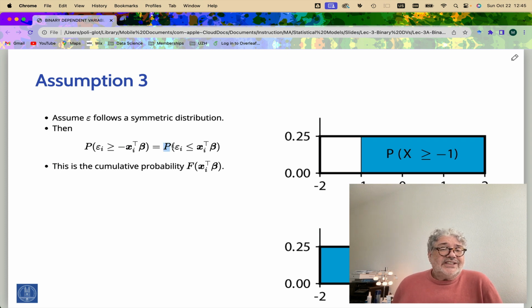Now, if you look at this last term, it's nothing but the cumulative probability, capital F, evaluated at xi transpose beta.